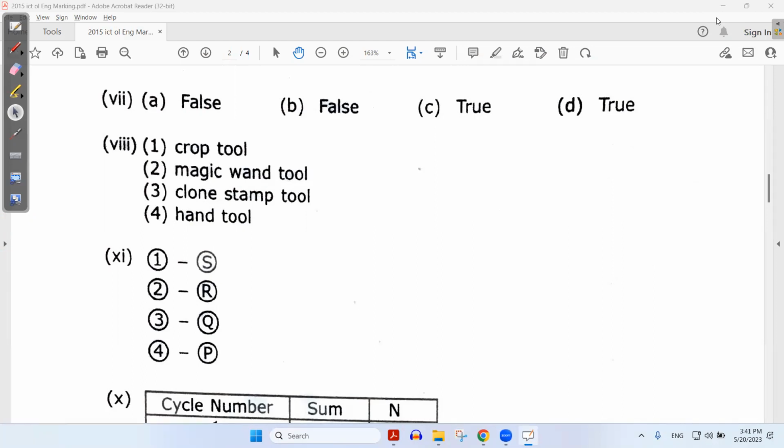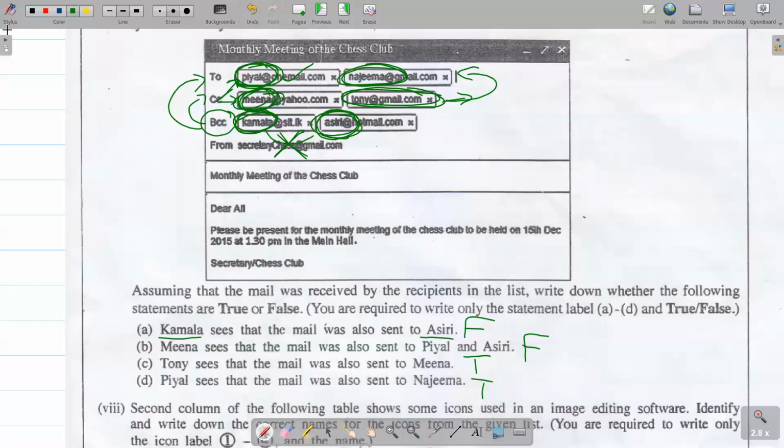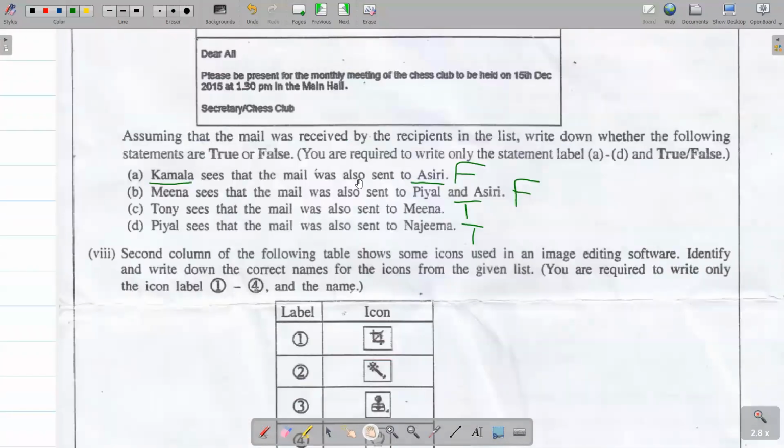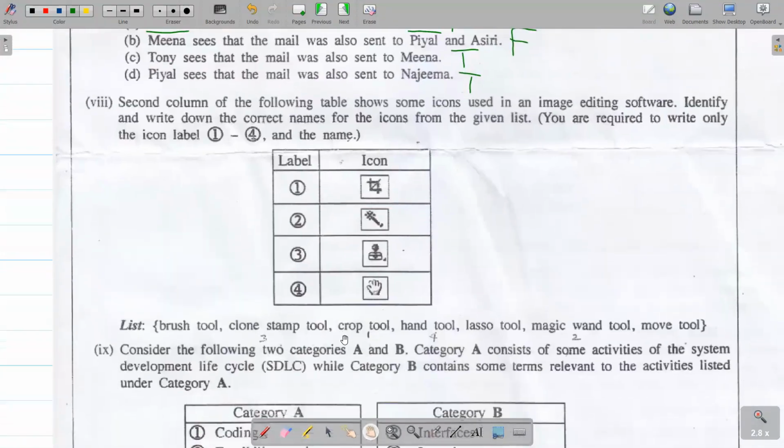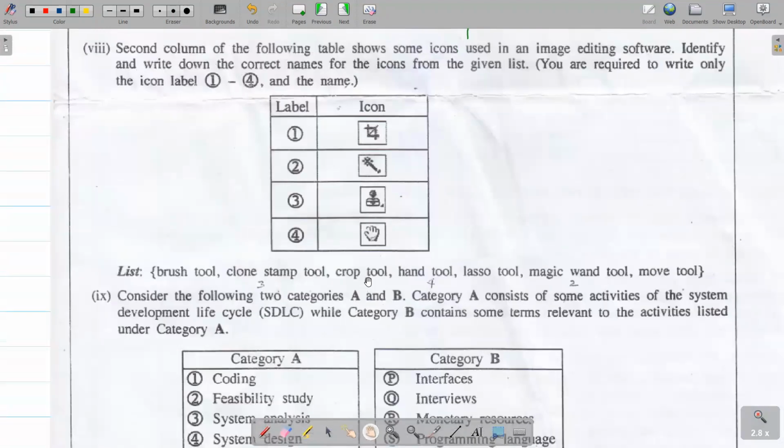The 7th question is asking about some graphic editing tools. They are asking you to match them. The list is there. So first one, the crop tool.